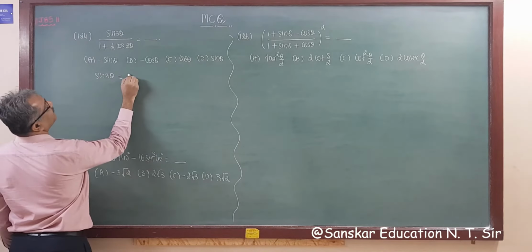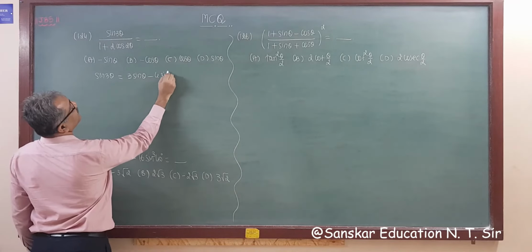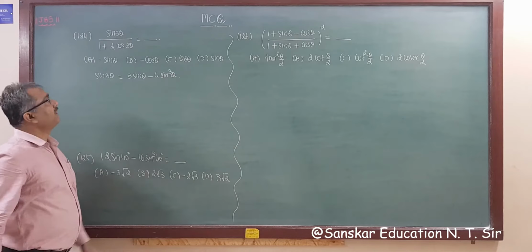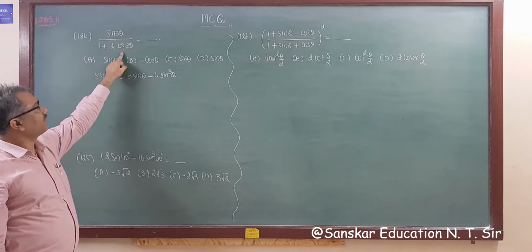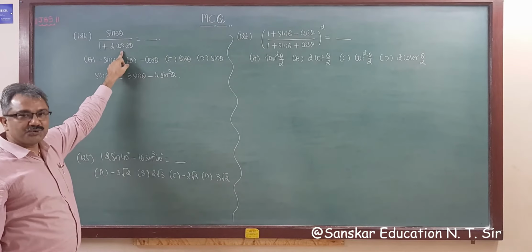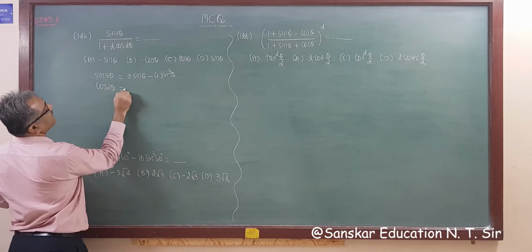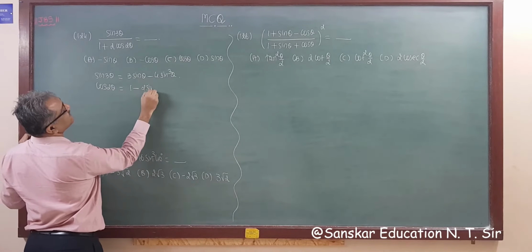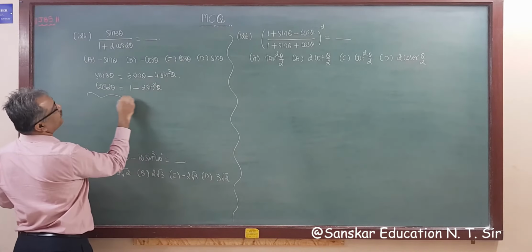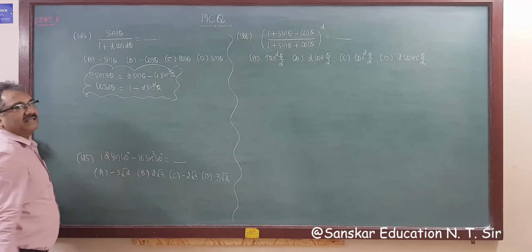Sin 3 theta is 3 sin theta minus 4 sin cube theta. And here is cos 2 theta, and this is in sine, means we have to apply cos 2 theta's formula of sine, that is cos 2 theta is 1 minus 2 sine square theta.